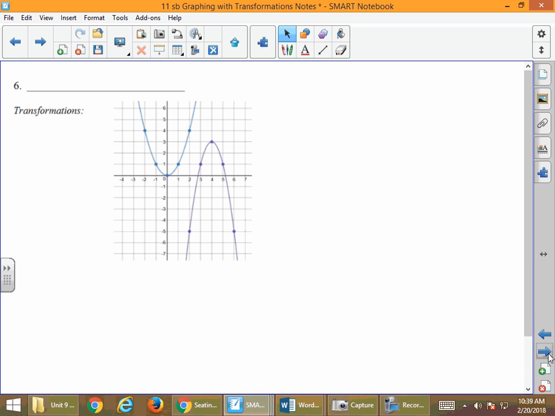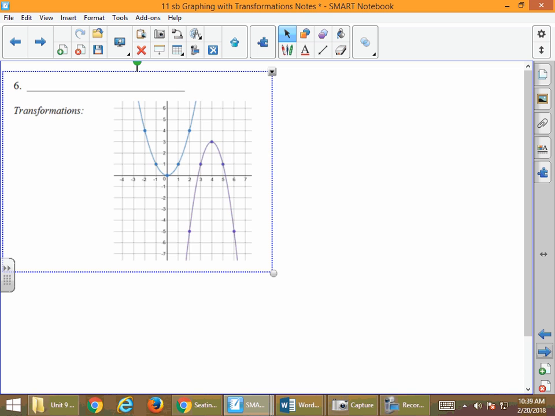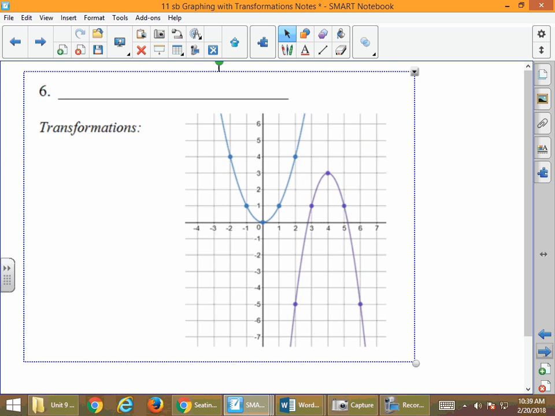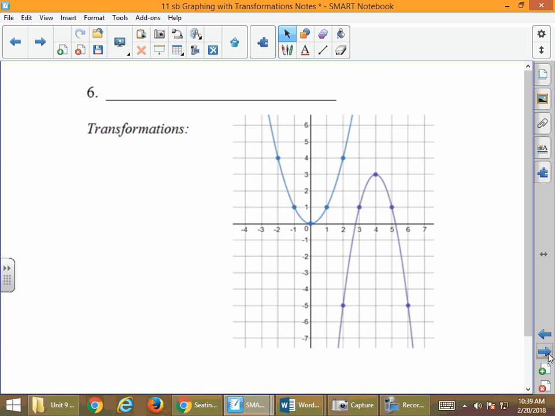If we look at number 6, same idea. The parent function has our vertex at 0, 0. A personal preference, what's the turning point of our new graph? And I'll put it in orange there.